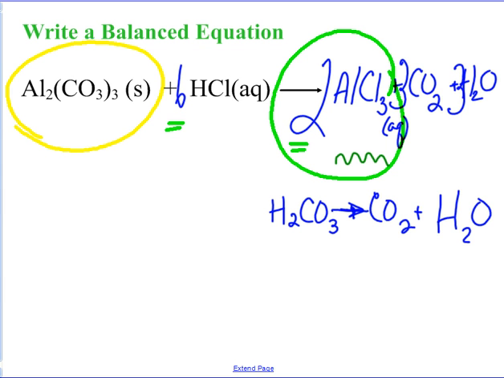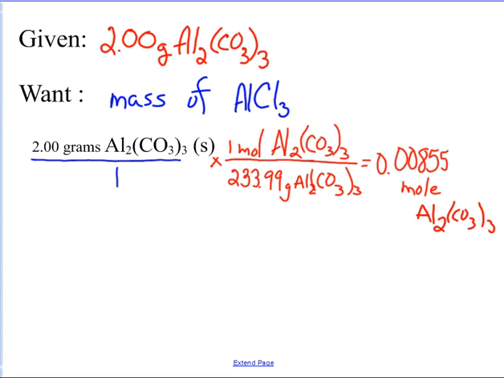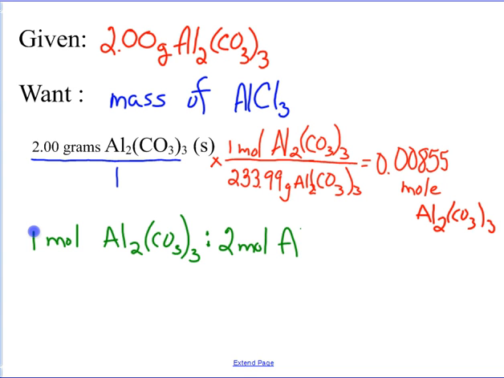So if we go back to that equation now, we're going to compare the mole ratio. Remember, it was 1 mole of aluminum carbonate reacts with every 2 moles of aluminum chloride formed.